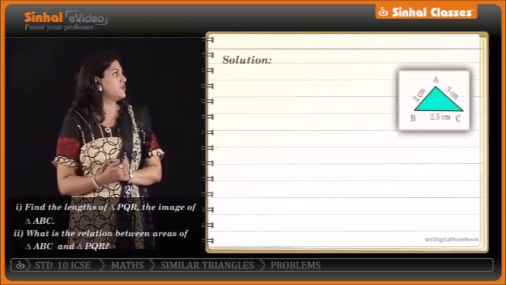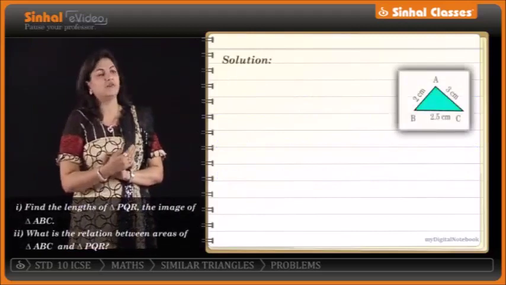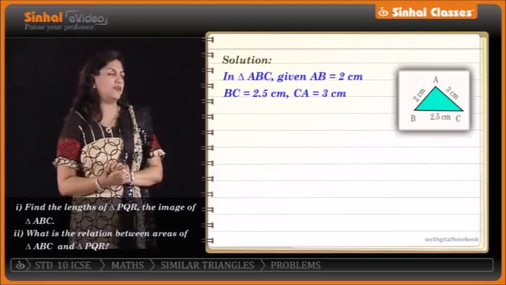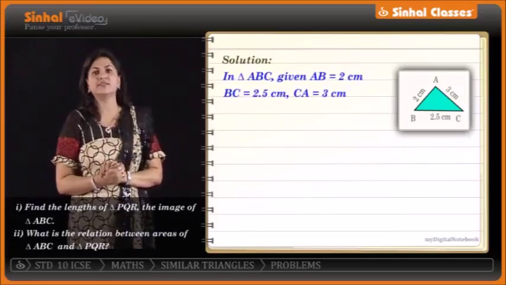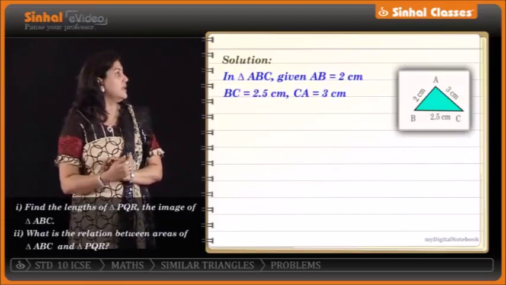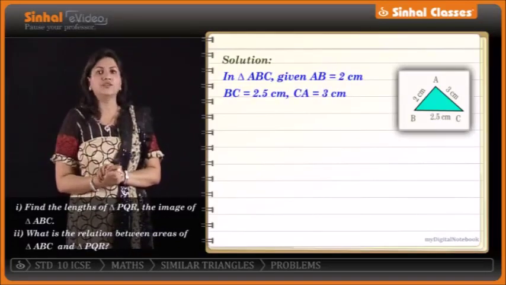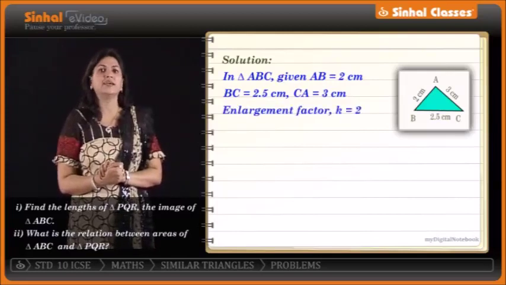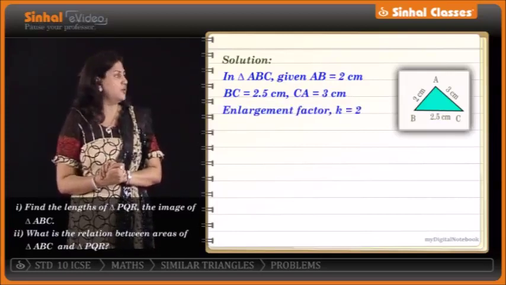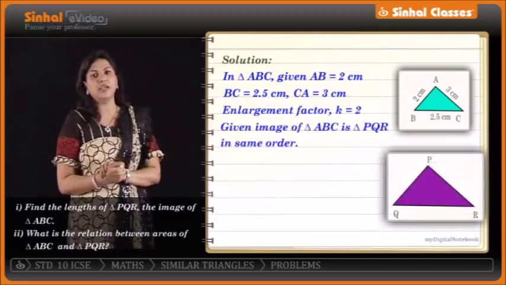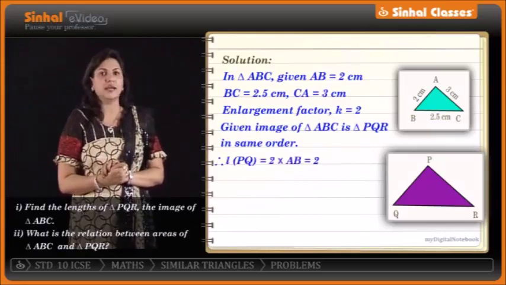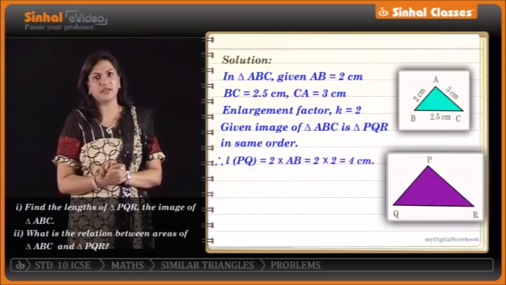Now let's draw a triangle ABC with the given measurements. AB is 2, BC is 2.5 and CA is 3 centimeter. Now we are told to draw a triangle with the enlargement factor as K is equal to 2. So in triangle PQR, we will have length of PQ as 2 into AB, that is 2 into 2, which is 4 centimeter.